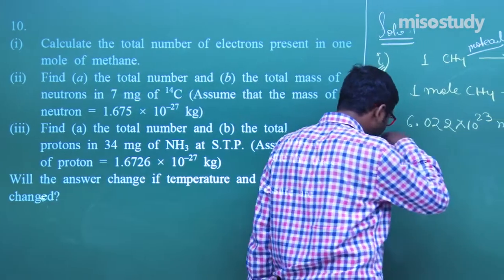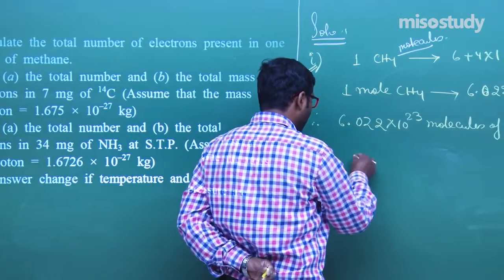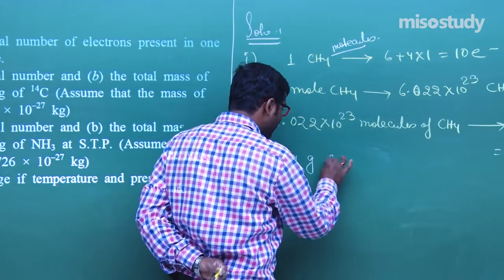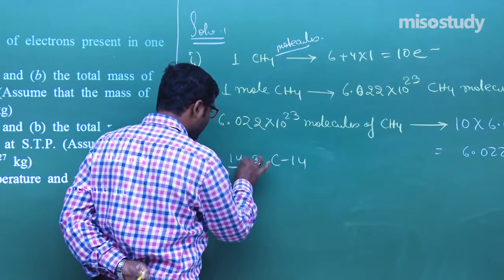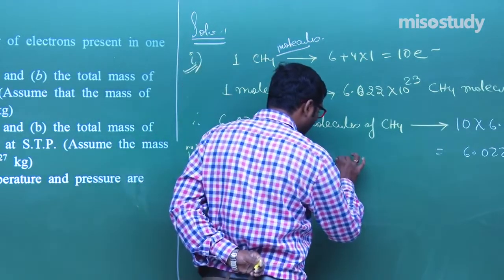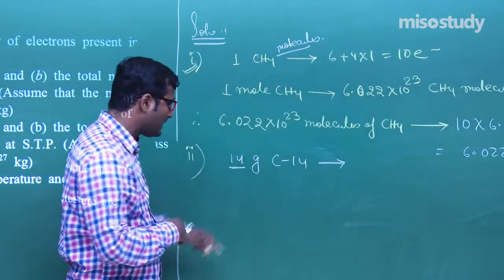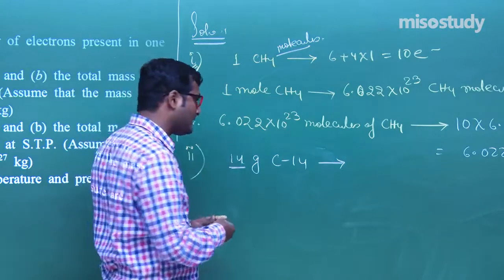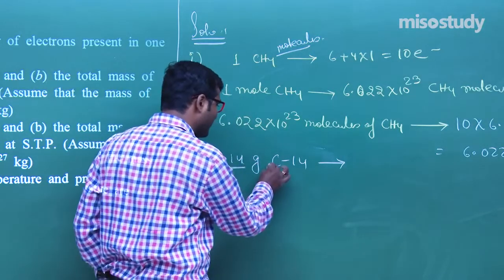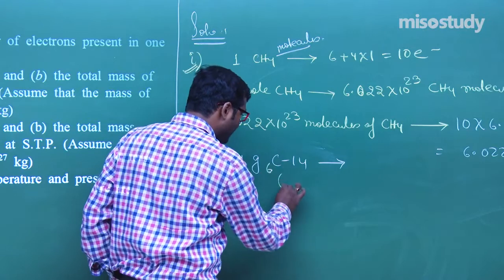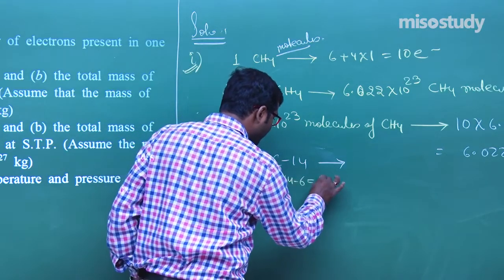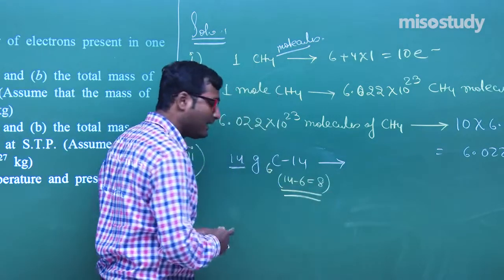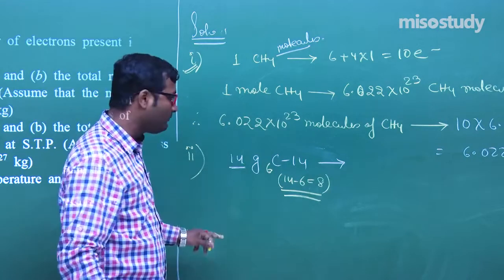As we know, 14 gram C14, that is the molar mass, contains how many neutrons? Here the mass number is 14, and we know the atomic number is 6. Clear to you? That is, the number of neutrons is 14 minus 6, which is equal to 8. We know 14 gram is equal to 1 mole.